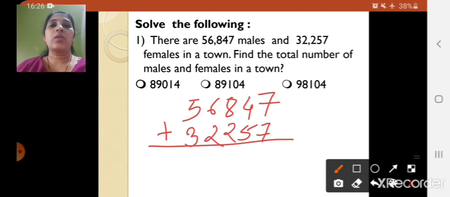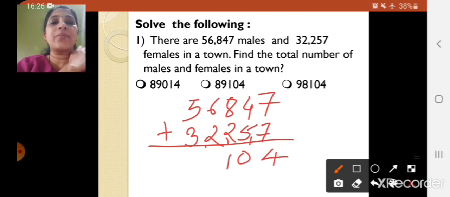Okay. So now 7 plus 7 is how much? 14. 4, 1 carried over. 4 plus 5 is 9 and 9 plus 1 is 10. So 1 carried over. 8 plus 2 is 10 and 10 plus 1 is 11. 1 carried over. 6 plus 2 is 8 and 8 plus 1 is 9. 5 plus 3 is 8.